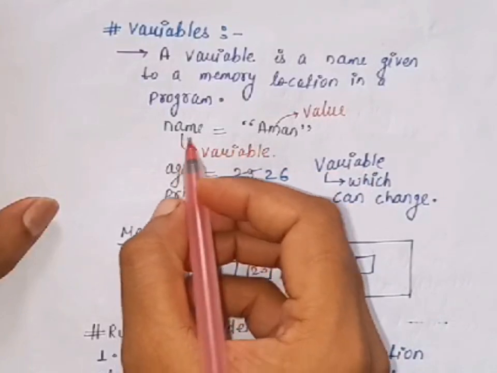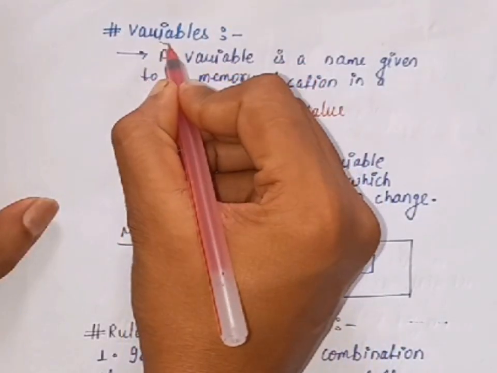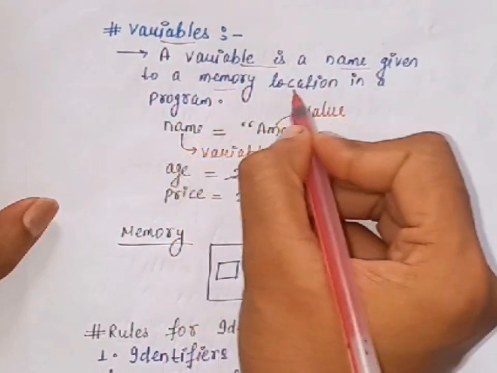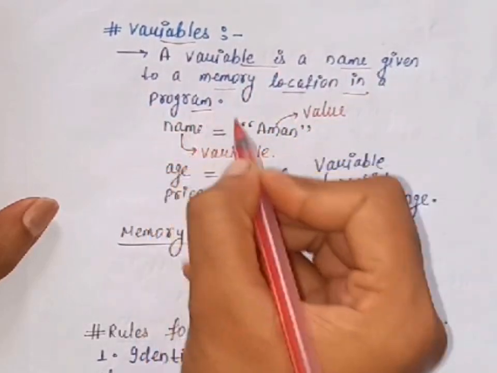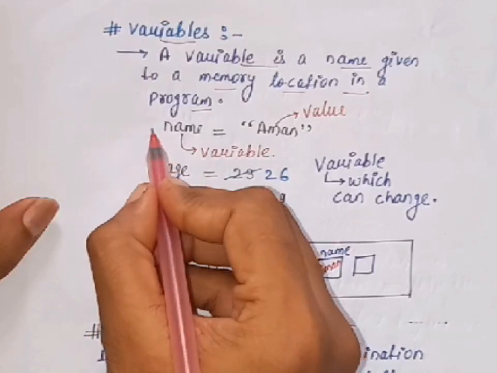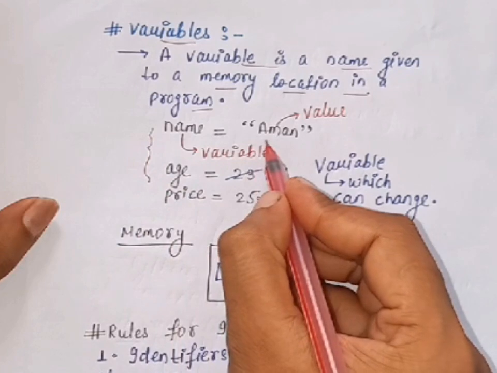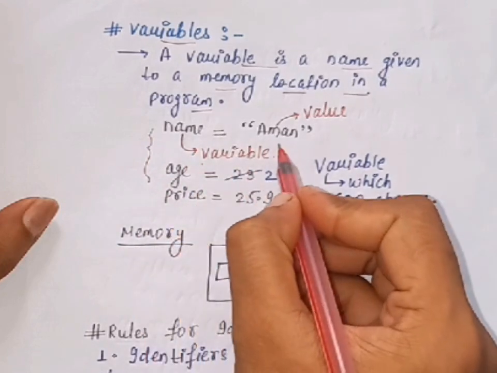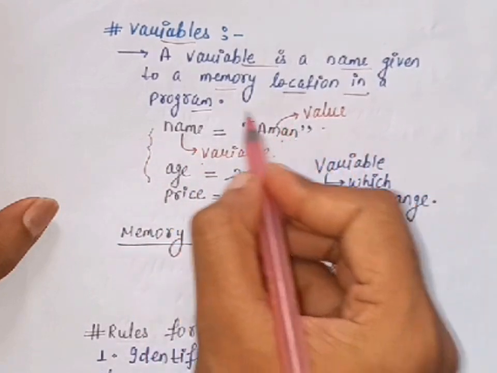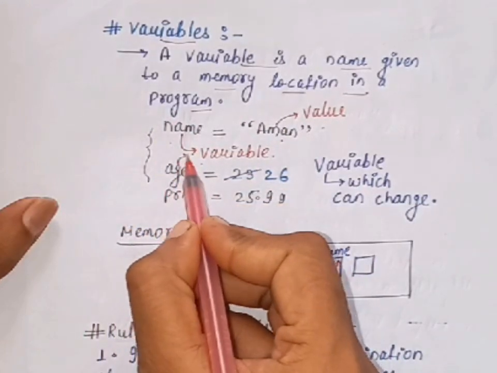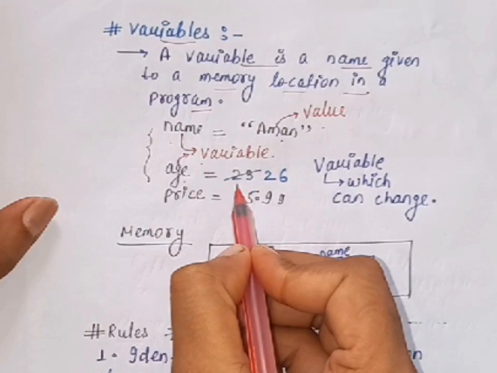Now come to our next topic, which is our third topic, variables. A variable is a name given to a memory location in a program. Here I had taken three variables: name, age, price, in which name is a variable, aman is a value which is assigned to the name variable. Age is a variable and 23 is a value.